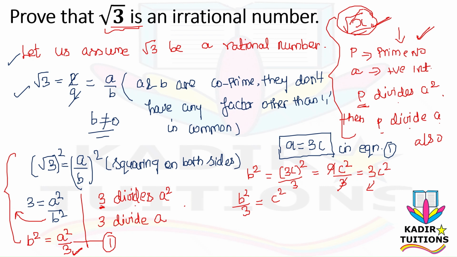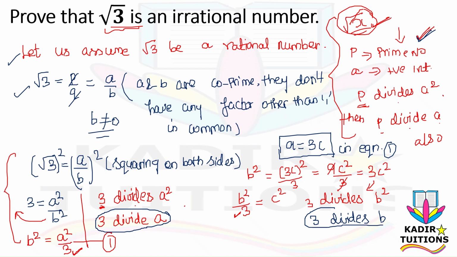Now over here 3 is a prime number. So 3 divides b square, then 3 divides b also, right? Based on the theorem we stated first, if 3 divides b square, then 3 divides b also. Now in our second step we concluded 3 divides a, and in the third step we concluded 3 divides b.